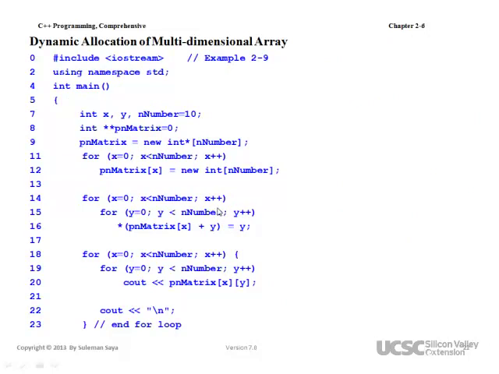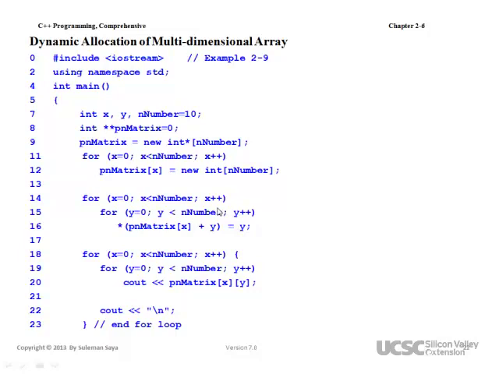Okay, so we will try to understand how this same concept can be applied with new and delete to allocate the memory from the heap for a multi-dimensional array, or in this case, actually a 2-dimensional array.